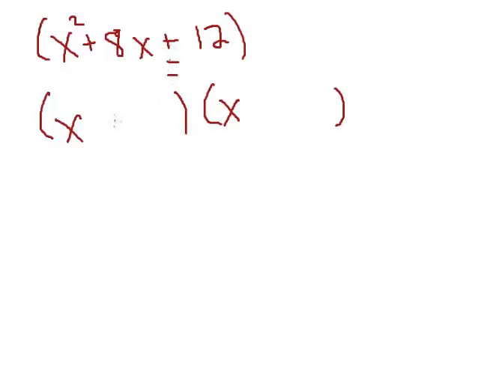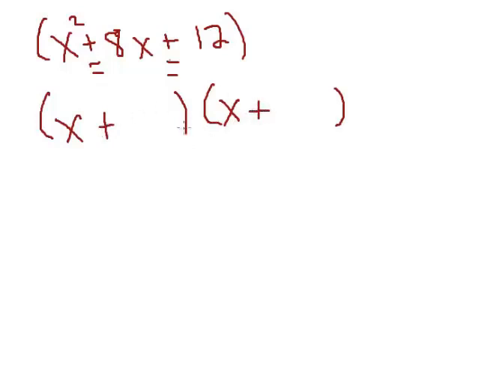If this is a positive, then these two terms either both have to be positive or both have to be negative, because either way, two positives or two negatives will multiply up to a positive. If it is positive, like this, we can simply look at this sign, and if that's a positive also, then we know that both numbers have to be positive. If this number was a negative, then both numbers would have to be negative. So we're going to put in two positive signs.